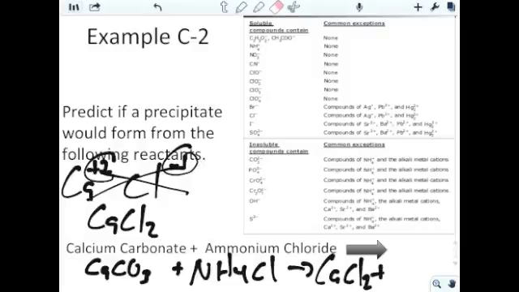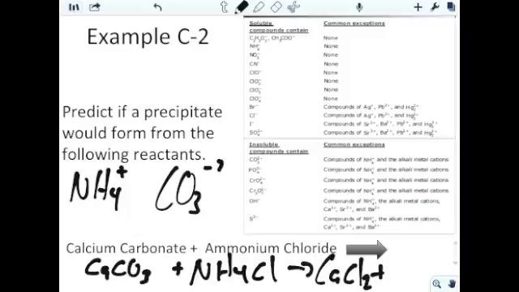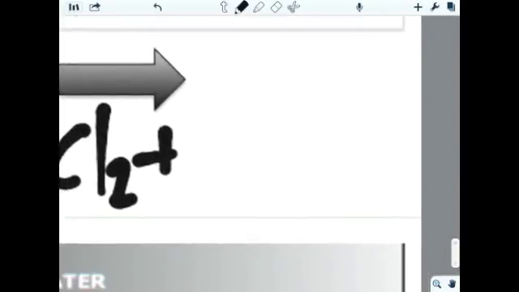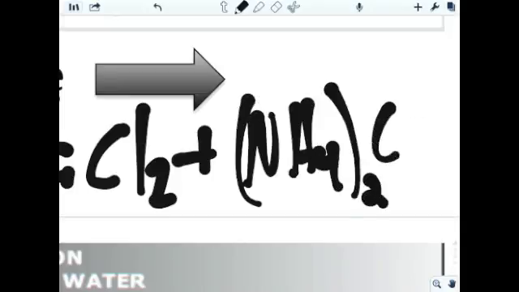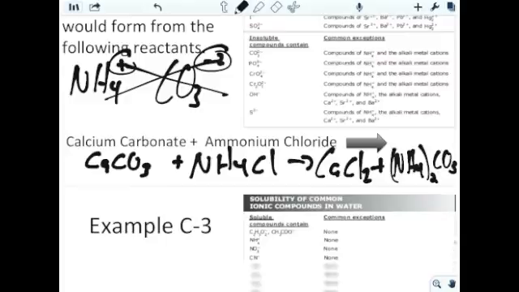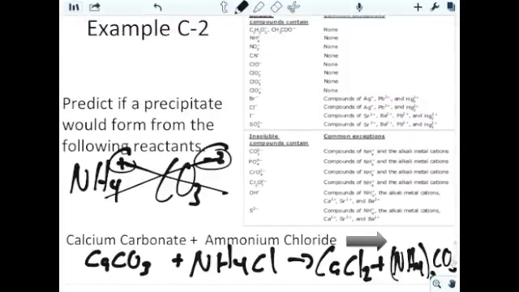Plus the other possible product that we could have is we have our ammonium, which is NH4 plus, and then our carbonate CO3 negative 2 crisscross, and we get our, we'll zoom in right here, (NH4)2CO3.